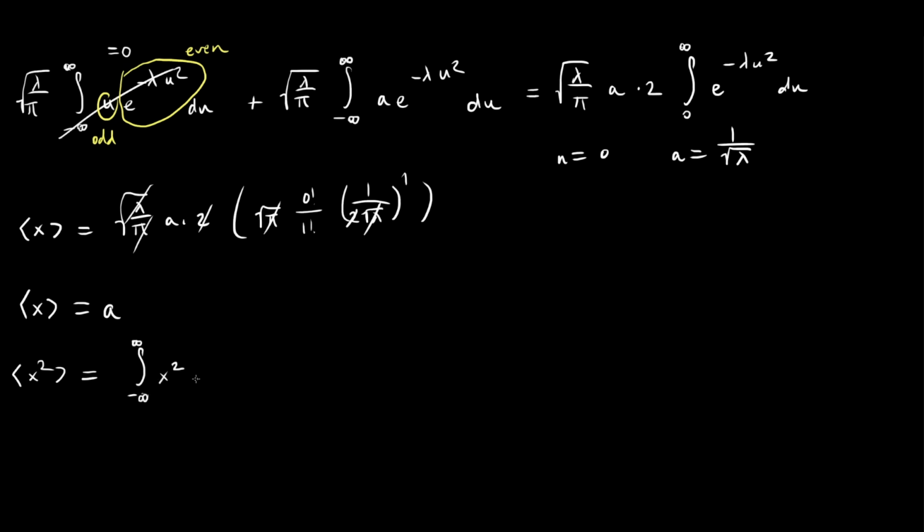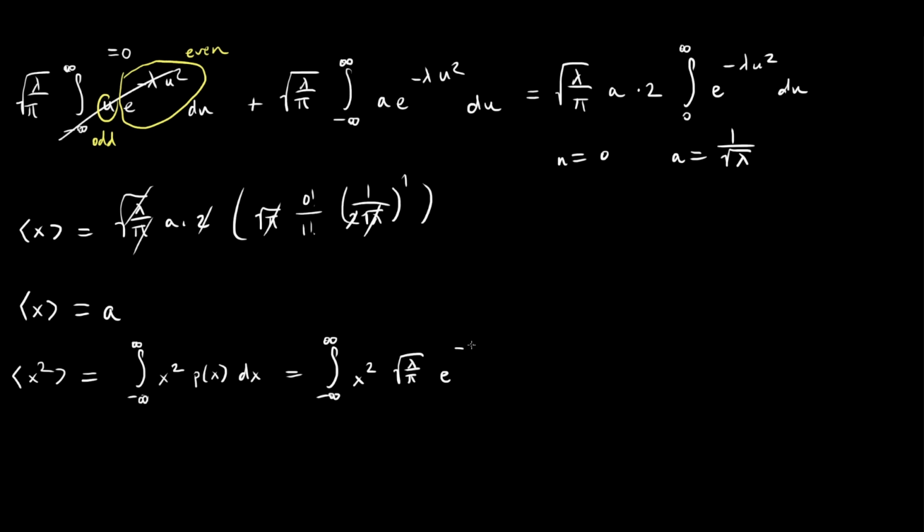The integral from negative infinity to infinity of x squared times the probability density, and we just plug in for the probability density, e to the negative lambda x minus a squared dx.